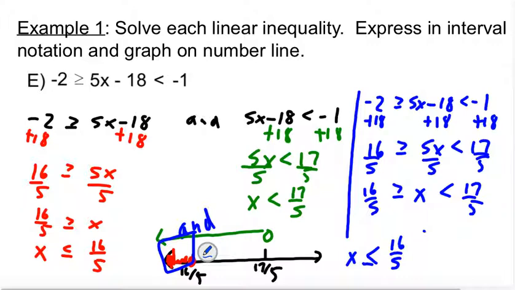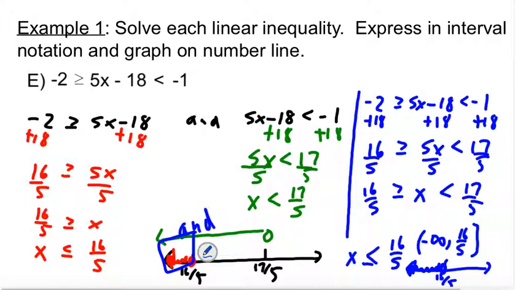We would say parenthesis, negative infinity, comma, 16/5, and it's a bracket. All right, and then we could regraph this if we wanted to: close dot at 16/5, and shade in to the left.